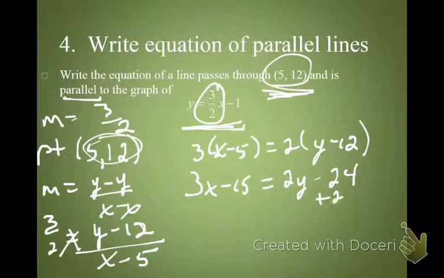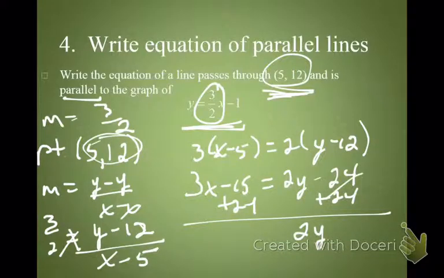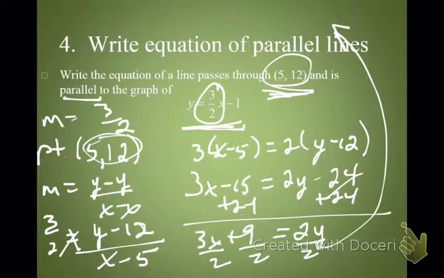So we add the 24. So 2y equals 3x plus 9. Then divide through by 2, and your equation turns into y equals 3/2 x plus 9/2. Okay? Hopefully that makes enough sense.